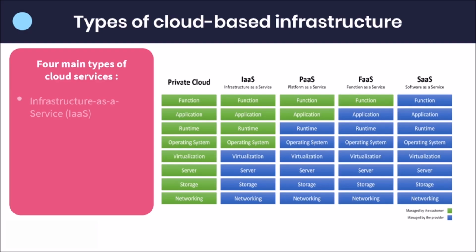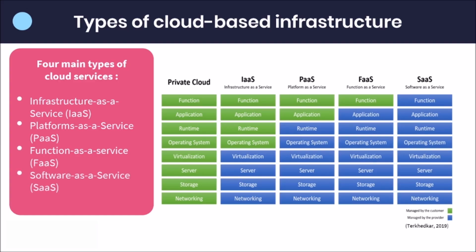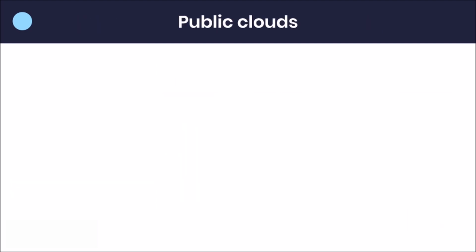These include Infrastructure as a Service, IaaS, Platform as a Service, PaaS, Function as a Service, FaaS, and Software as a Service, SaaS. But more about these a little bit later.